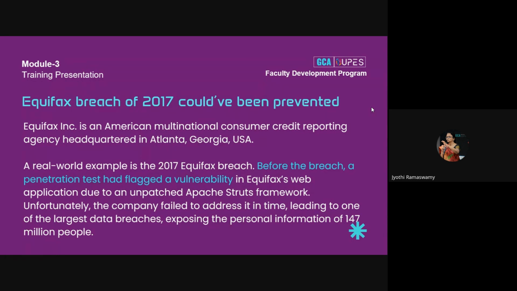This is a real world example. If we read in detail, we will understand how this was identified, what all happened, how the final visibility on how this much data was stolen came in, and what the penalty on Equifax was for the breach of this much personal information that went into the hackers' hands.